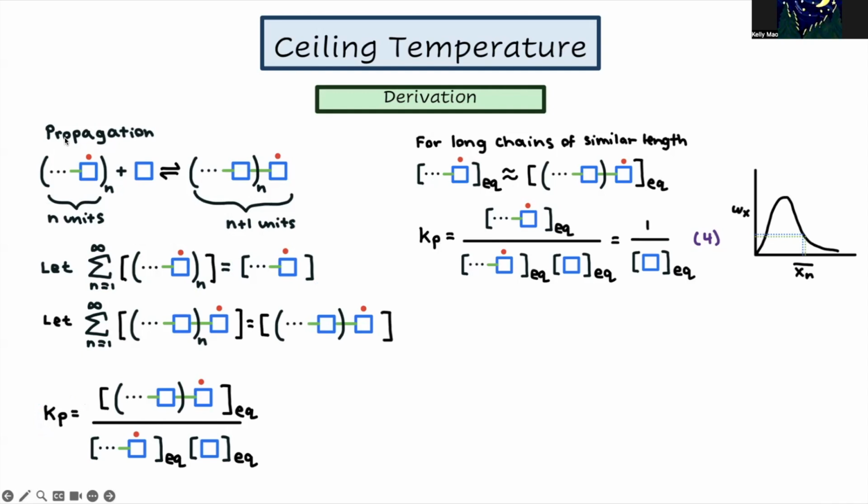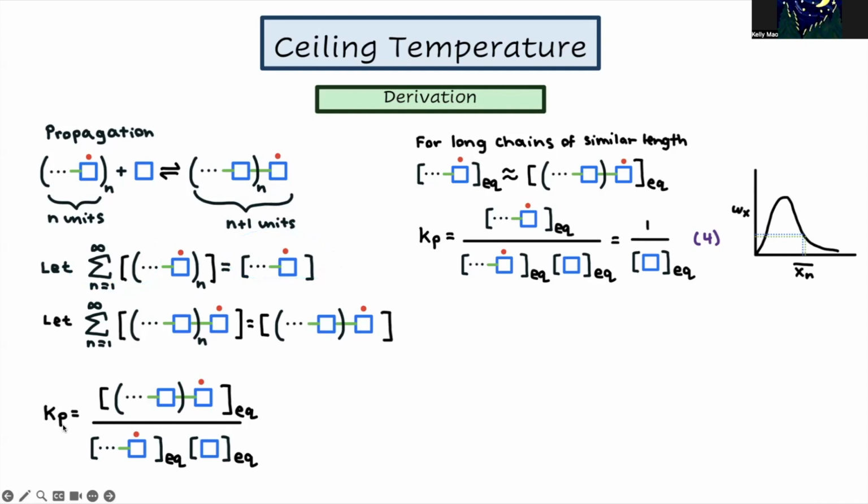Let us revisit our propagation reaction. We have a chain that is n units long that grows by 1 monomer unit to become n plus 1 units long. If we consider our system as a whole, there are many chains of many different lengths that are undergoing propagation. Hence, if we sum over all of these lengths, we can obtain a total concentration for all propagating radicals.